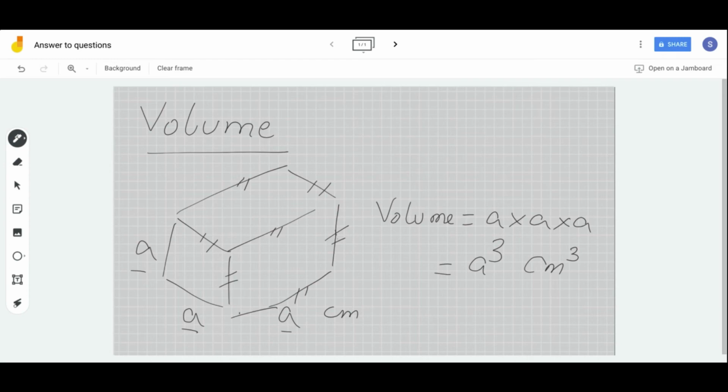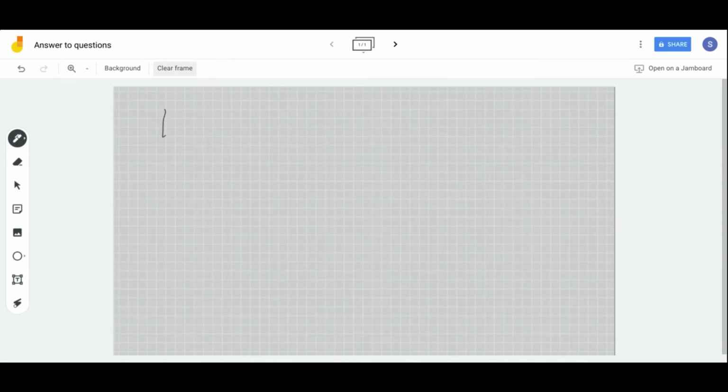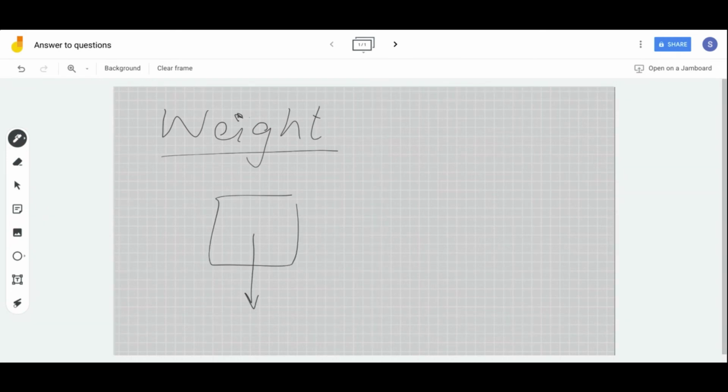So again, if I'm asking you for weight, what is weight? Weight is when mass is being attracted by gravitational acceleration here on Earth. So you do a normal diagram, you plot the direction it's being attracted.